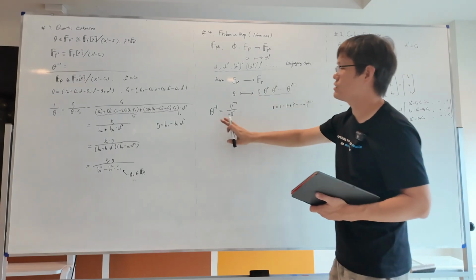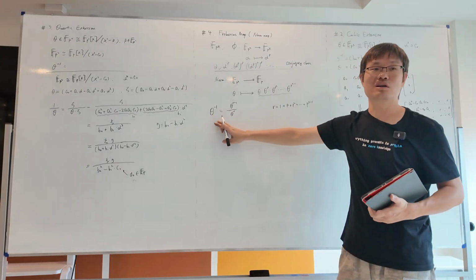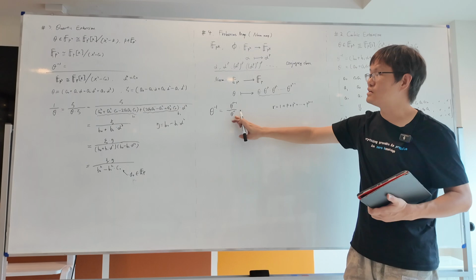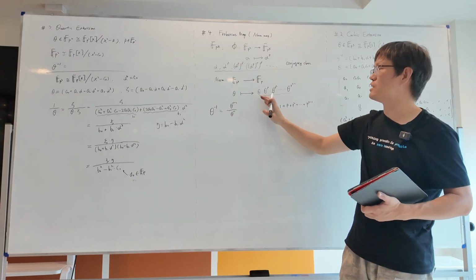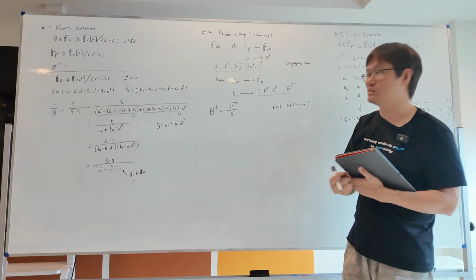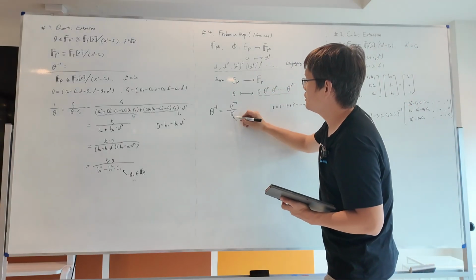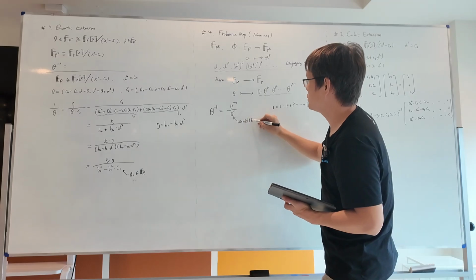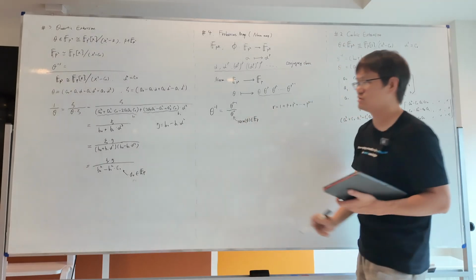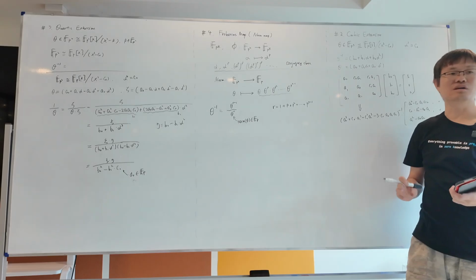So if we compute the inverse of theta, we only need to compute the inverse of the norm of theta. But the norm of theta is an element in the base field.